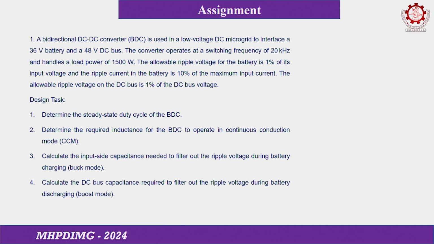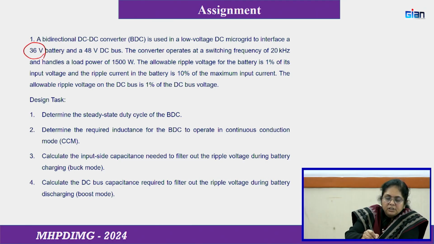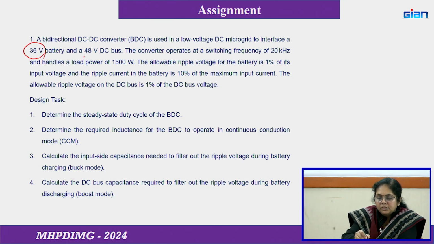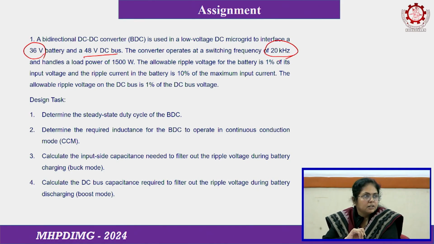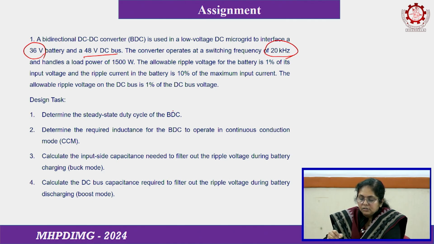So, this is the assignment question, where I have changed the input battery voltage to 36 volt. Output voltage is the same, fixed at 8, and the ripple switching frequency is changed to 20 kilohertz. You can try to find the steady state duty cycle of the bidirectional converter and the inductance when it is operating.